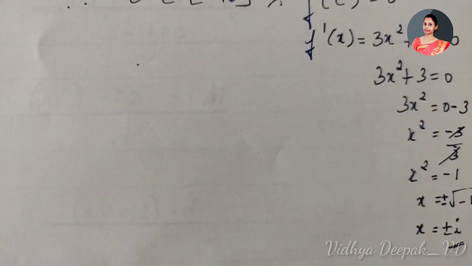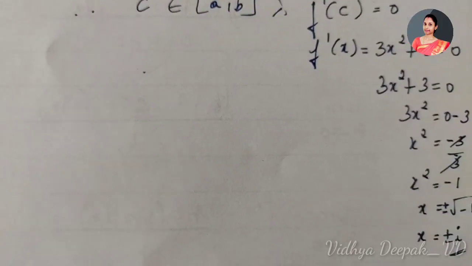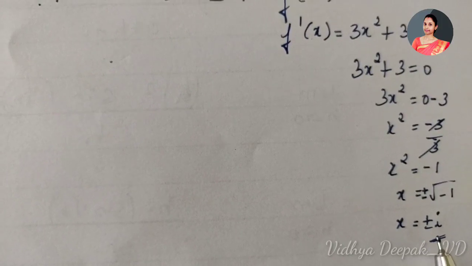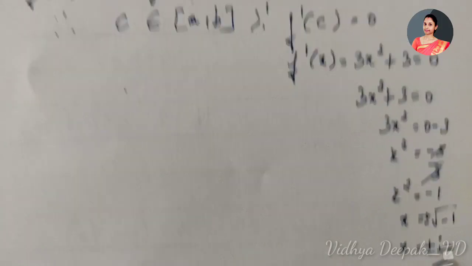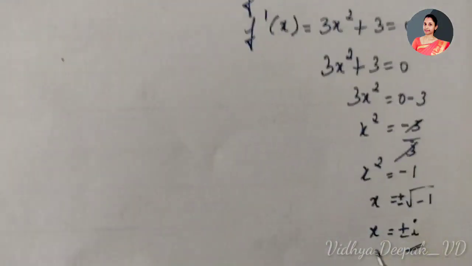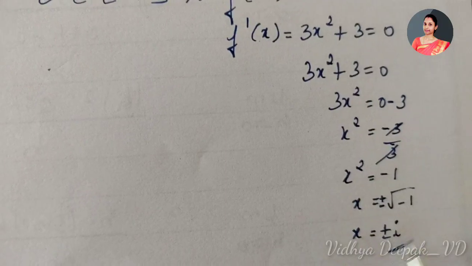Real roots are numbers which come under the real numbers or constant values. Imaginary roots are the numbers which come along with i. So we got x is equal to plus or minus i as the root.